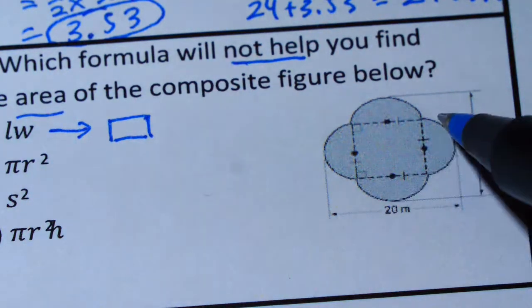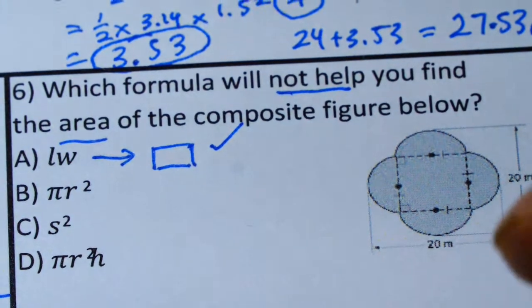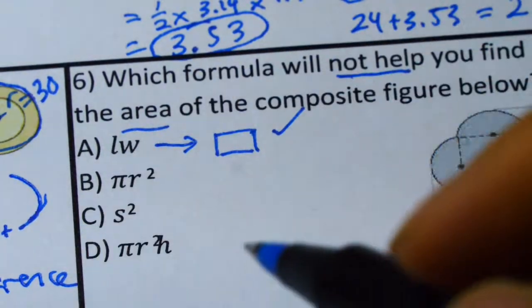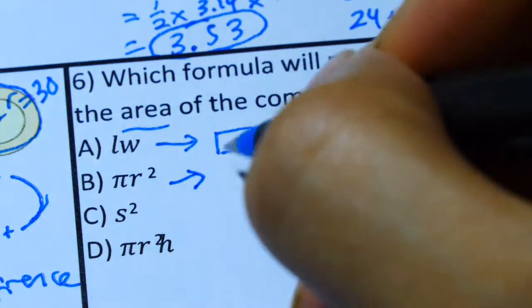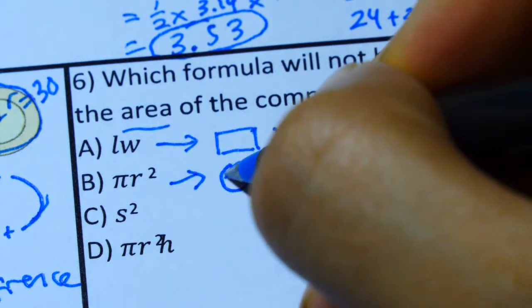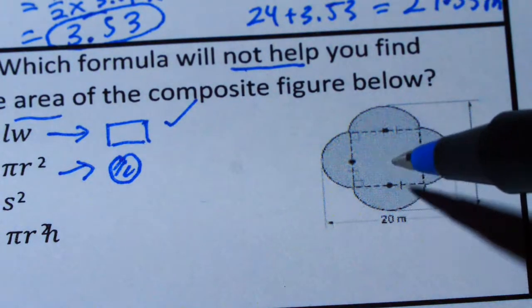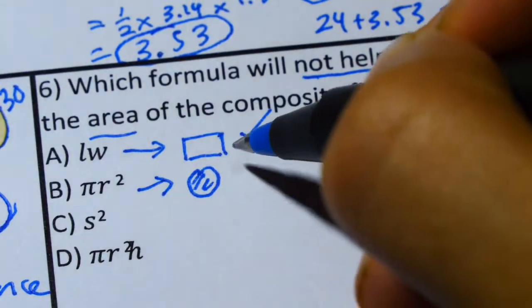We have this, okay? So this will help. Pi r squared, this gives the area of a circle. Do we have a circle here? Yes, we have half circles, okay? So this will help.